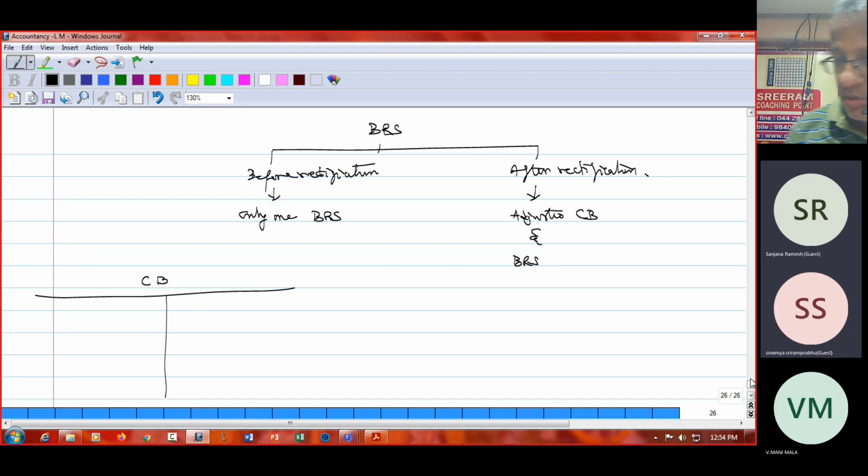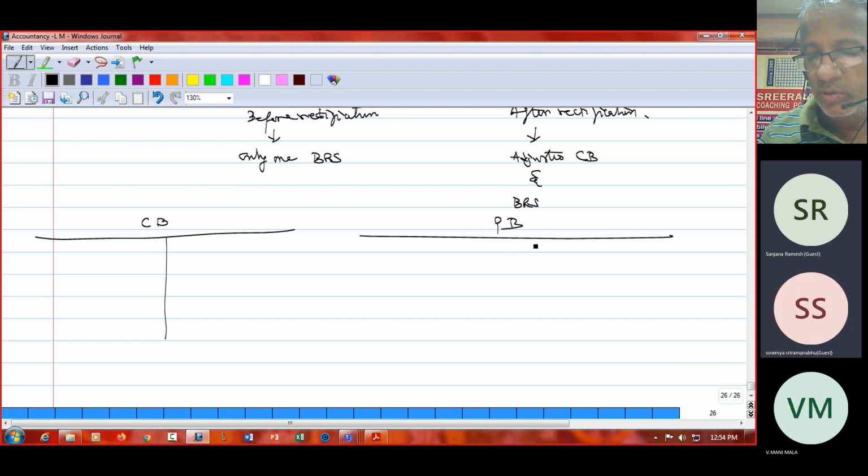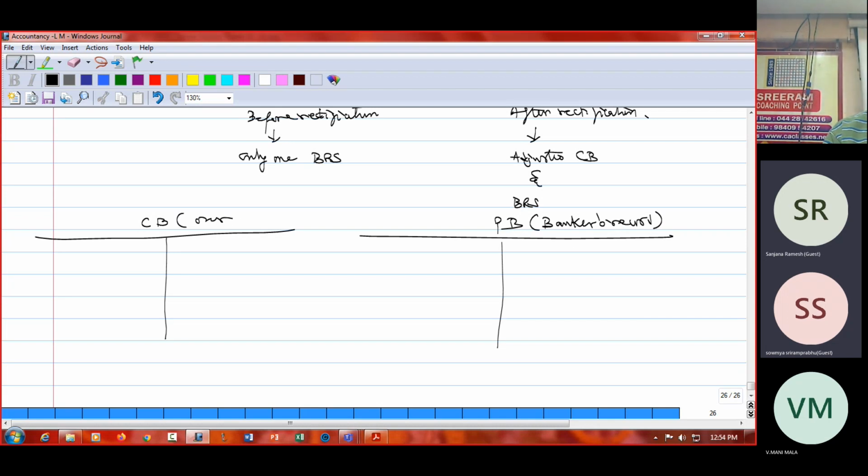In the cash book and in the passbook, this is banker's record. This is our record. Cash book is our record. Passbook is banker's record. Correct?